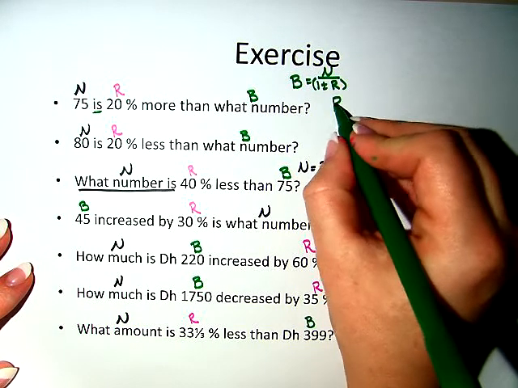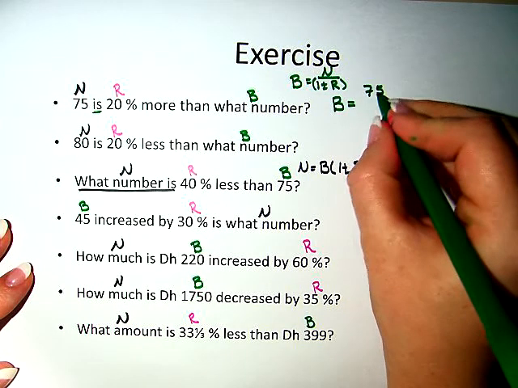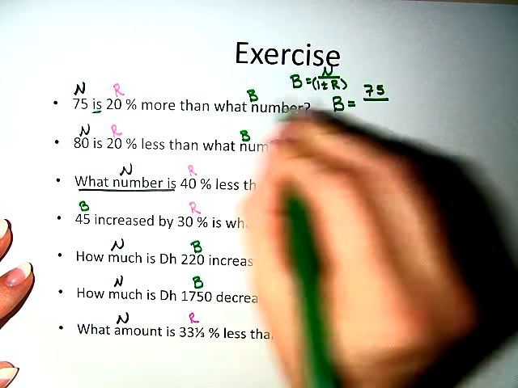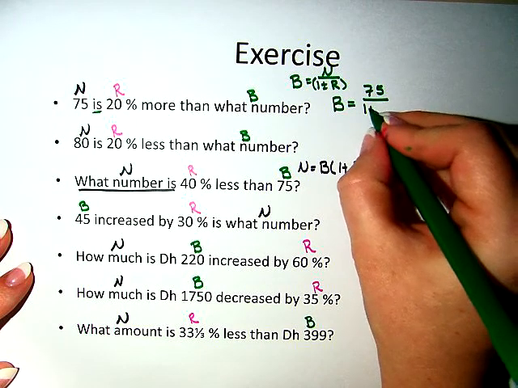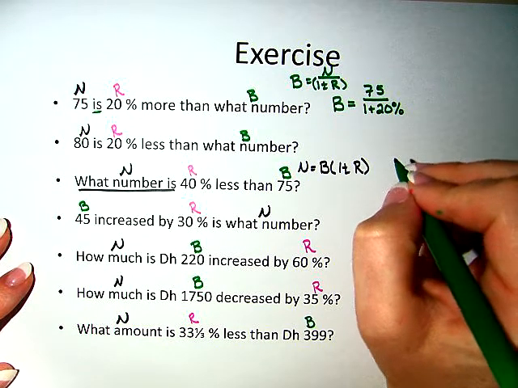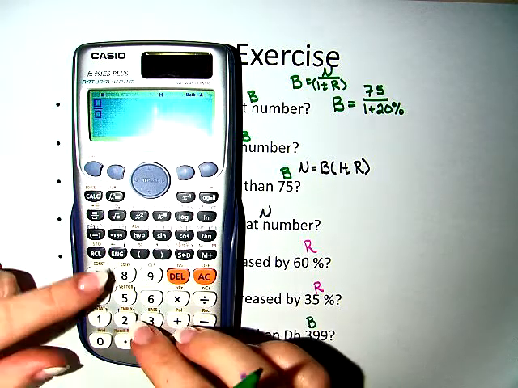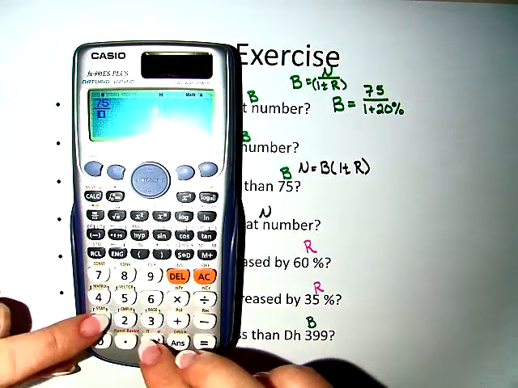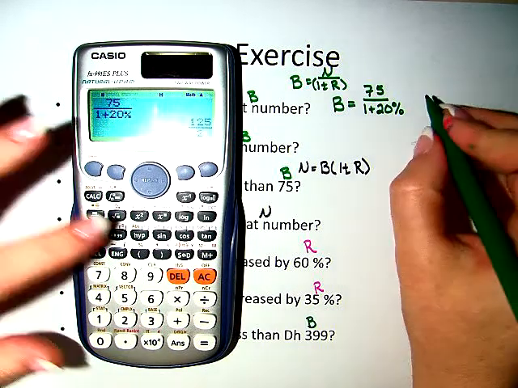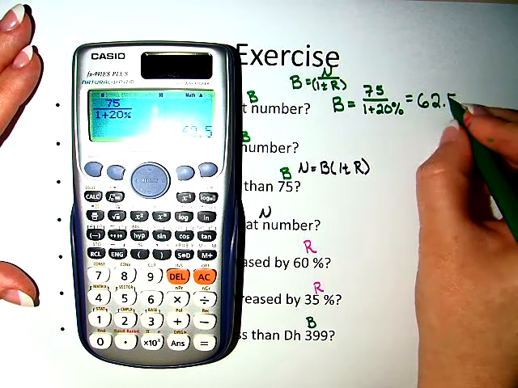So B is the new number over 20% more than. Okay, so 1 plus 20%. Okay, so we'll get out our calculator. 75 over 1 plus 20%, and we get that our base number is 62.5.